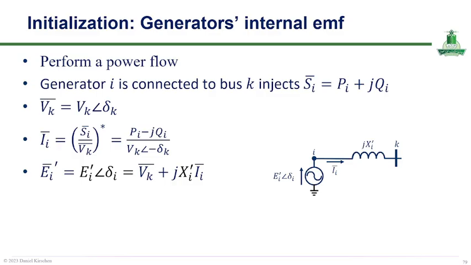Finally, the internal transient EMF of the generator can be determined using the generator transient reactance X_i prime. The internal voltage can be expressed as E_i prime equals |E_i prime| with angle delta_i, which is equal to V_k plus jX_i prime I_i. So physically, this means that the internal EMF can be obtained by adding the voltage drop across the transient reactance to the terminal bus voltage.